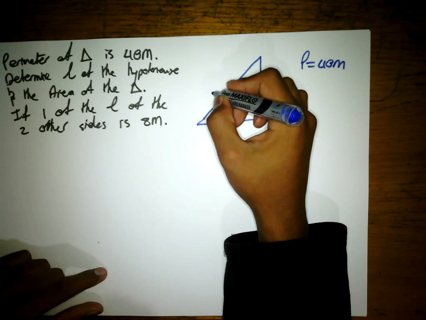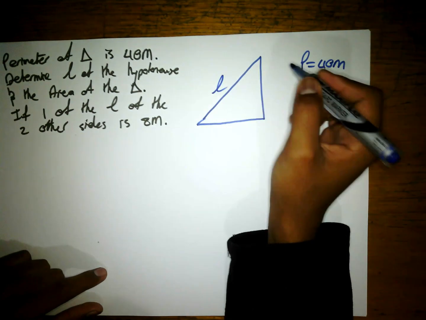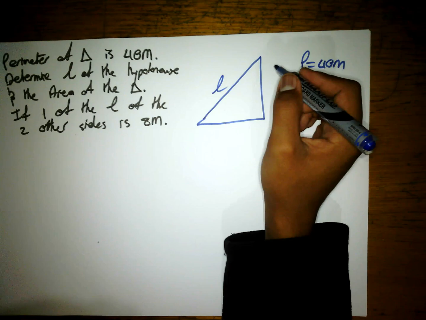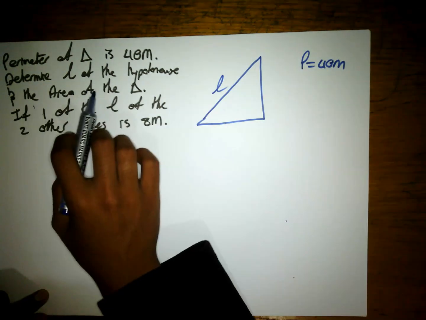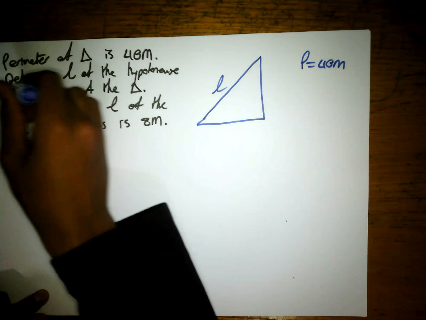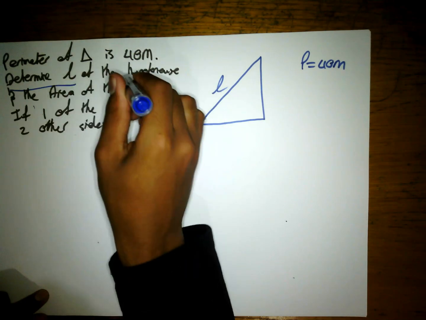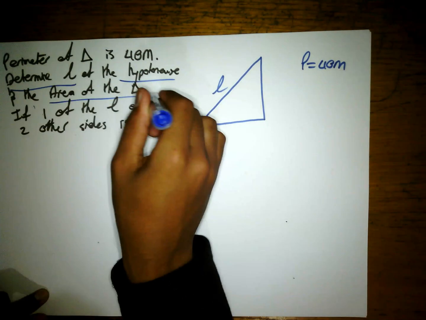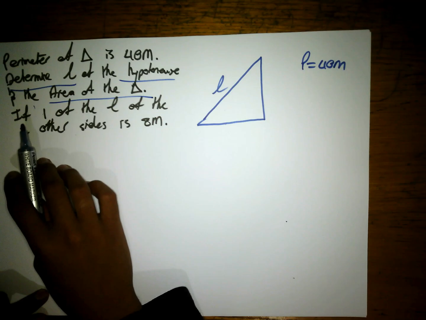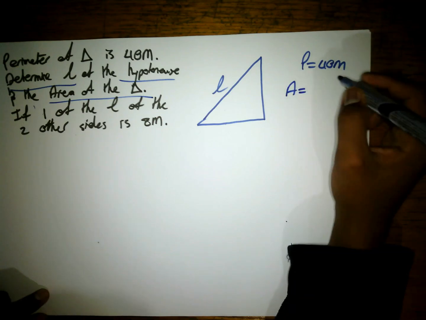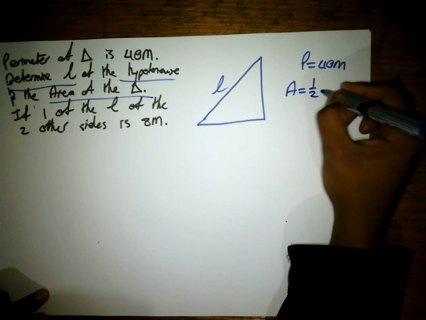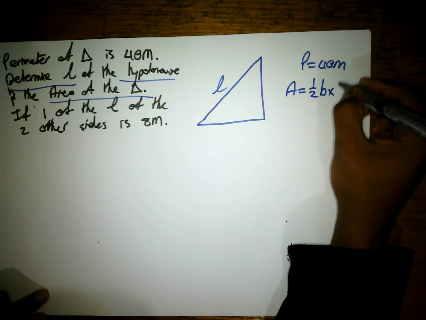So we need to get this one. And the area of the triangle. We must determine the length of the hypotenuse and the area. The area of a triangle, we must know. The area of a triangle is half the breadth times the height.